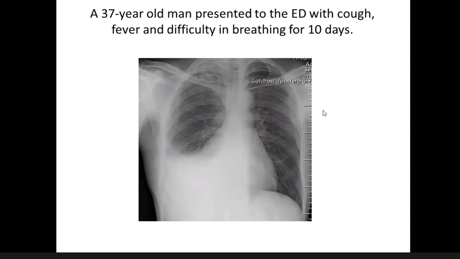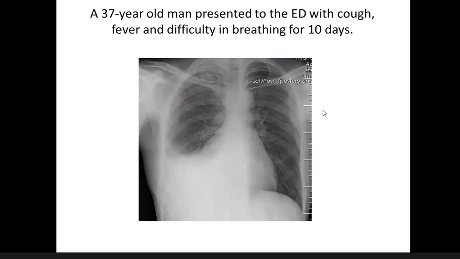That indicates pleural effusion. The patient is having a pleural effusion. If it is a very tiny pleural effusion, what would be the initial picture? Obliteration of the costophrenic angle. First, it will start with obliteration of the costophrenic angle, right?